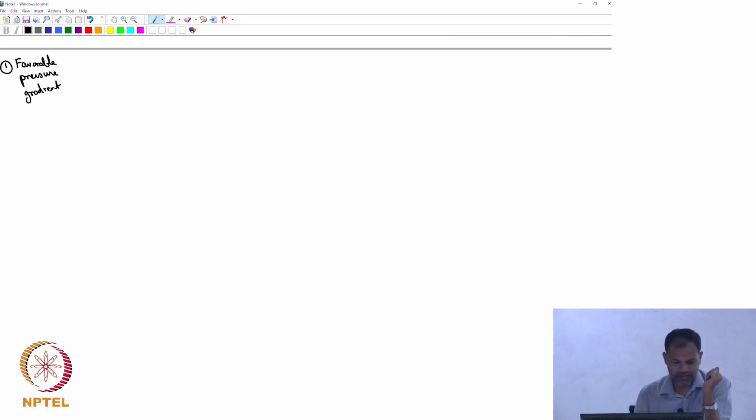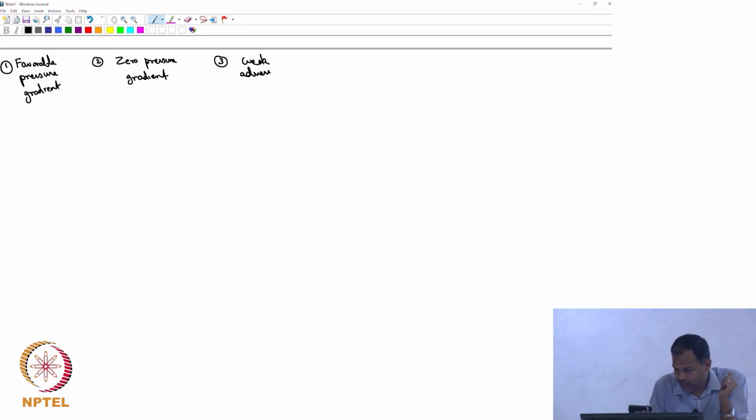Okay. So we have a favorable pressure gradient. Second was zero pressure gradient. Third one was weak adverse pressure gradient.